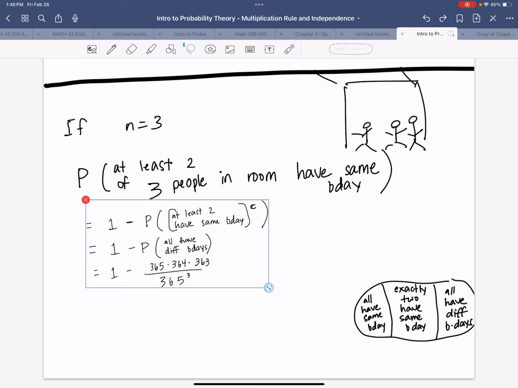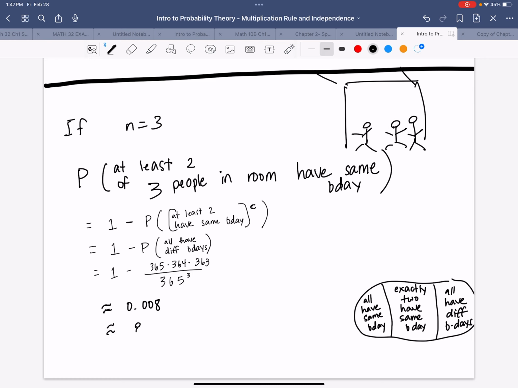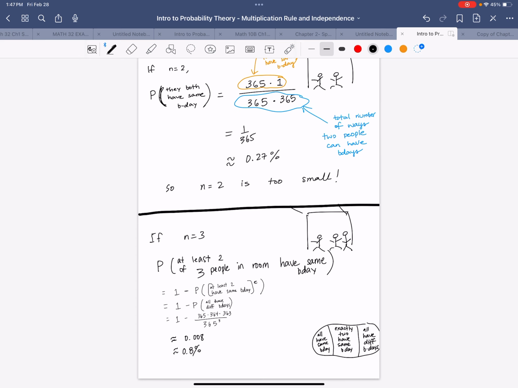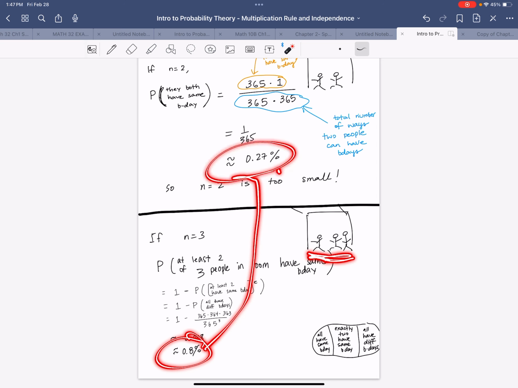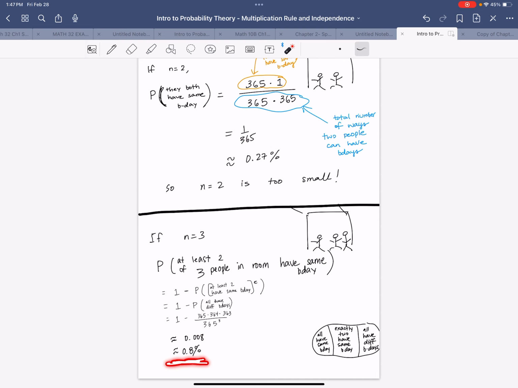Oh, that's going to be 0.008. It's like 0.008 something, so that's about 0.8%. So with 3 people, it's more likely that at least 2 of them will have the same birthday than if there are only 2 people in the room. But we're nowhere near 50%.